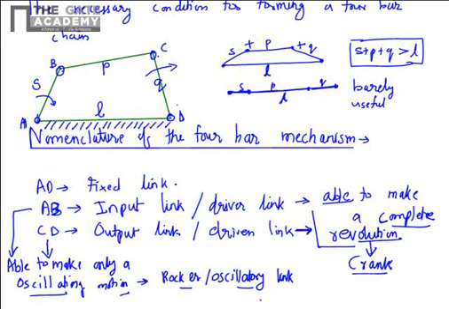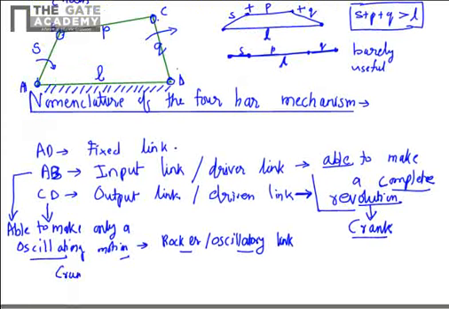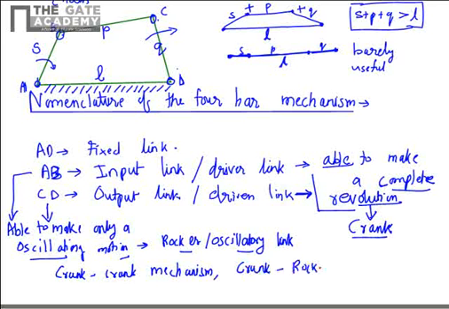So based on the length and geometry of a 4-bar mechanism, the explanation of which we will cover in coming slides, the mechanism can be classified as a crank mechanism, crank rocker or CR mechanism, and a rocker mechanism based on input and output.